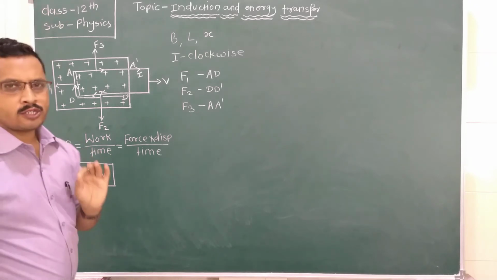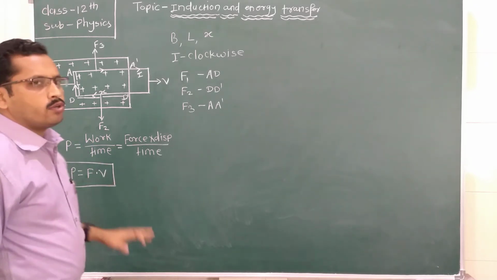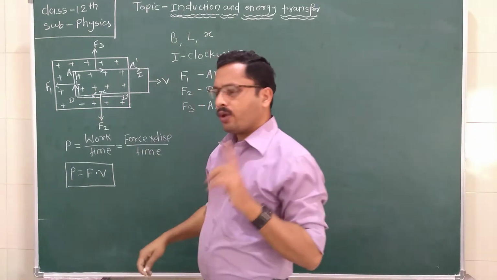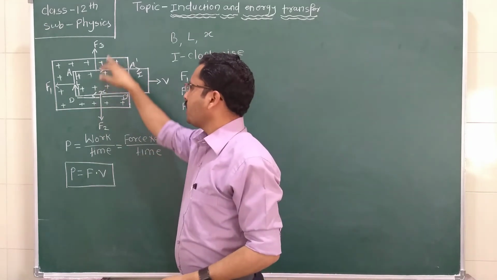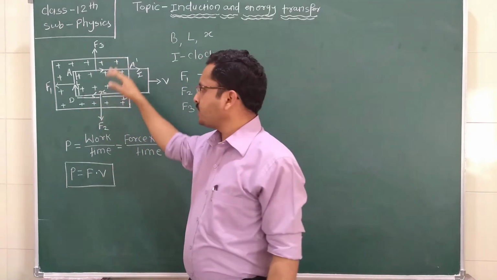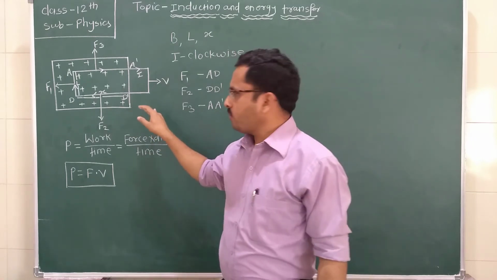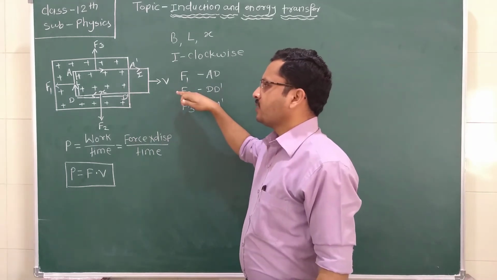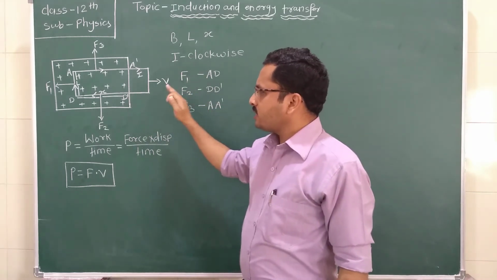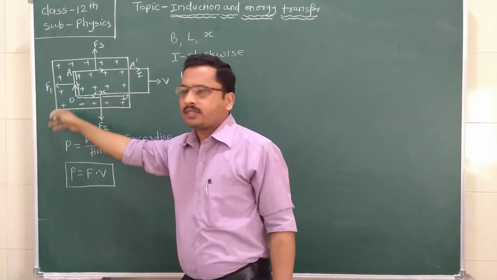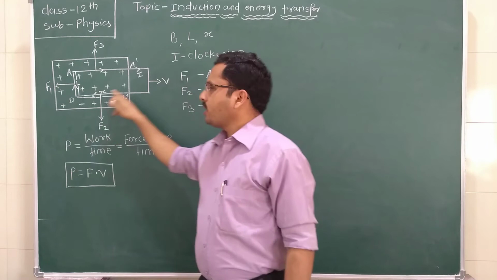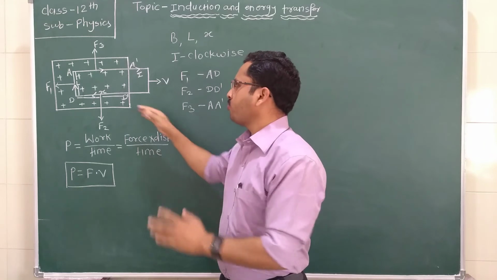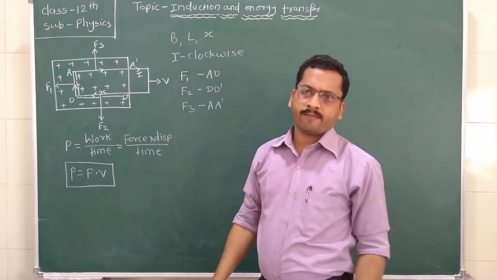Therefore the only unbalanced force acting on this loop is F1. So to move this loop outside the magnetic field with a constant velocity v, we need the same amount of force as F1.